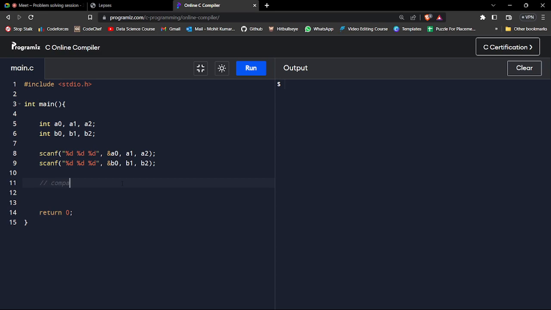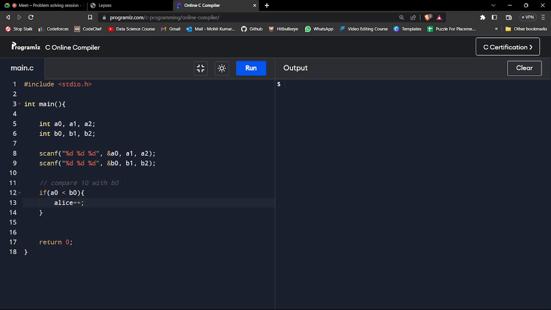Okay, so now we'll compare a0 with b0. I say that if a0 is less than b0, then in this case Alice will be getting 1 point, right?